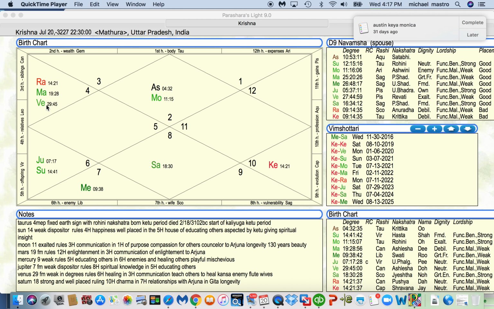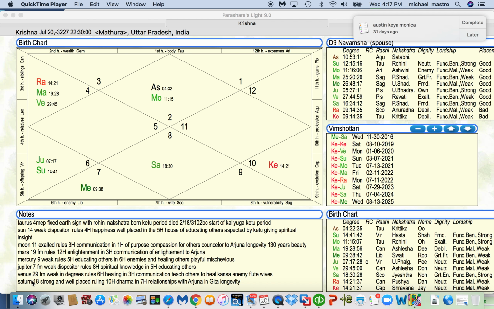Venus represents the Vedic arts, the performing arts, the healing arts, the fine arts, and also Vedic arts, and gave him great ability to communicate. And it also affected his relationships. He was known to have many wives, and Venus is also performing arts. He played the flute, and he had enemies like Kansa who tried to kill him.